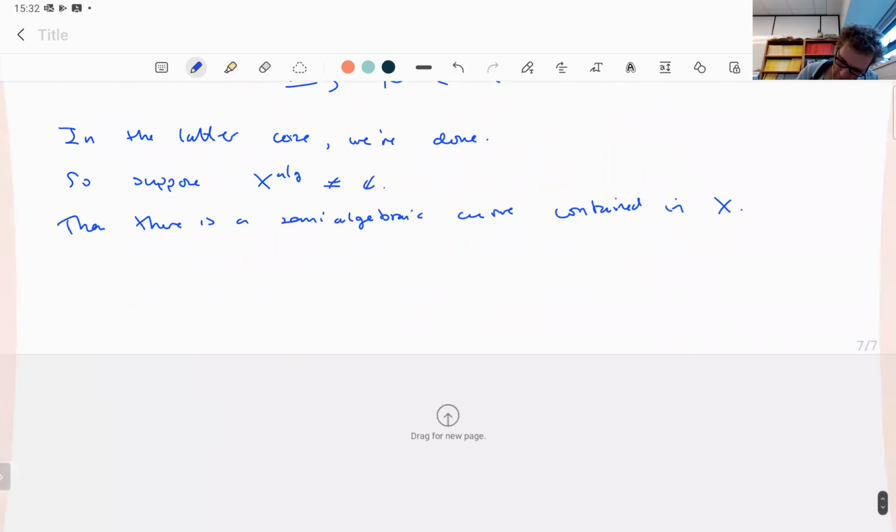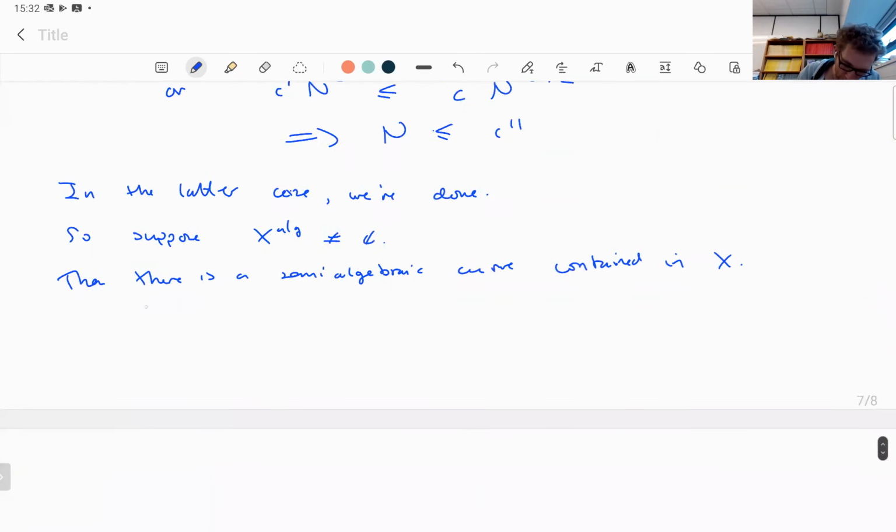Well, okay, so before I had pi going from C to E, if I now have it going from C squared to A, for that map, so it's just pi in each coordinate, X was essentially pi inverse of V, except that I changed coordinates. But that real change of coordinates preserves being semi-algebraic.